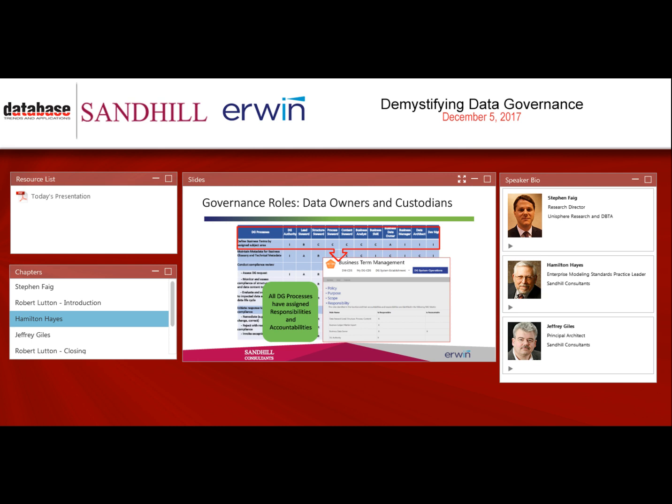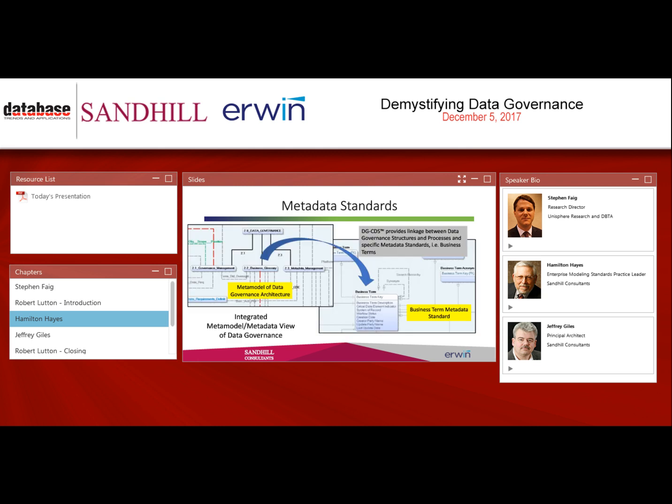We can also see the metadata standards. We look at it from the standpoint of a view, in this case, an information system map. You might call it a conceptual model of the data governance system in terms of what all of the elements are and what the relationships between all of the elements are, so that it's not just a static view, but really getting to the dynamic view of what has to be exchanged in the way of information between the various elements of data governance and also with the other parts of the data management system.